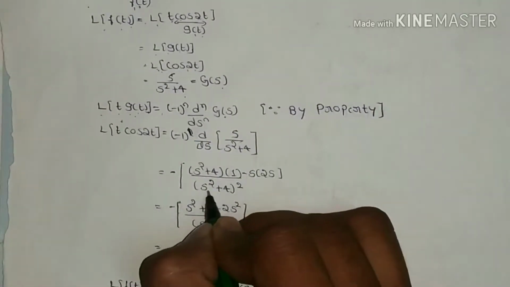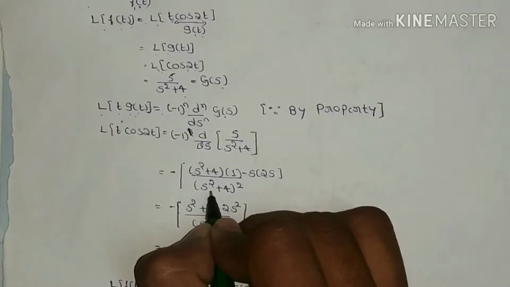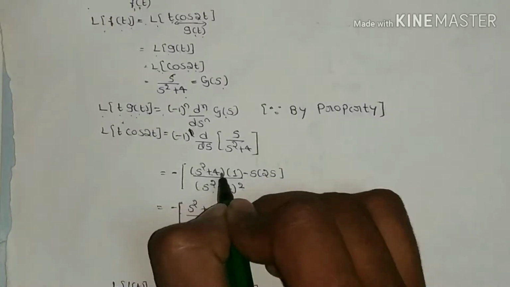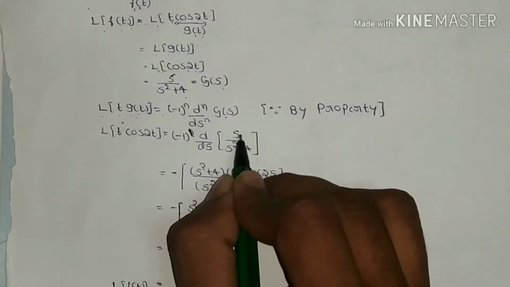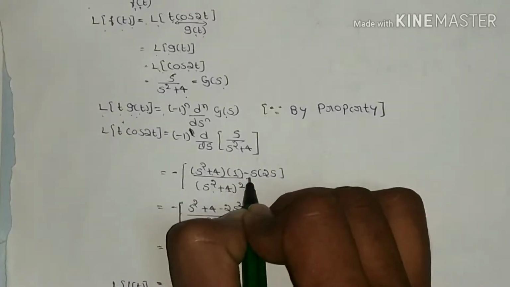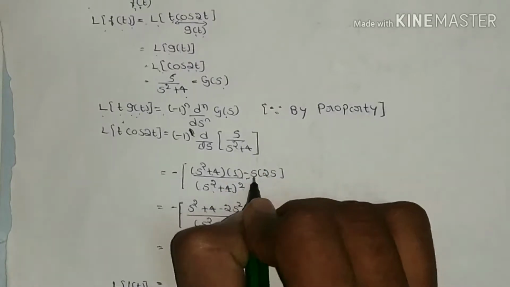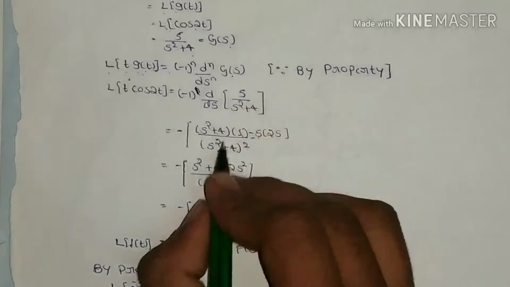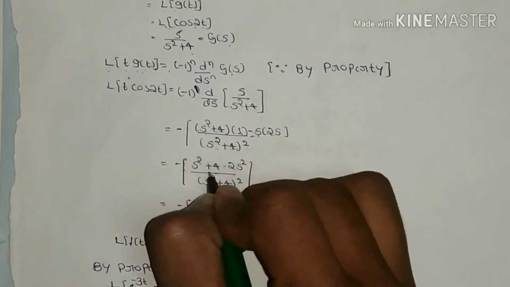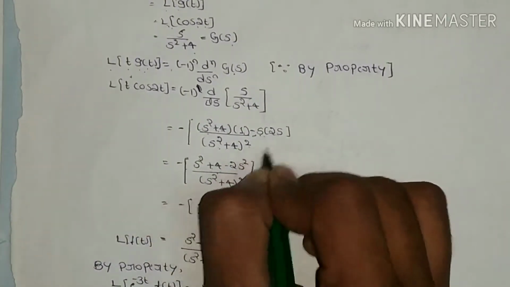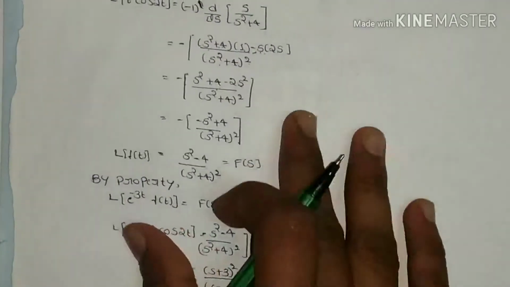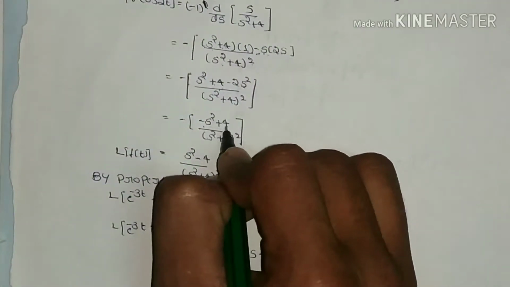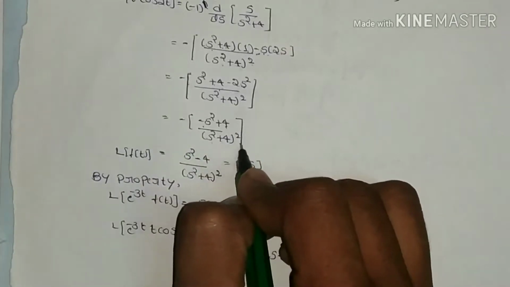The denominator squared, s square plus 4 whole square, in the denominator. In the numerator, denominator as it is times the differentiation of s, which is 1, minus numerator as it is times the differentiation of the denominator, that is 2s. By simplifying, we get s square plus 4 minus 2s square, that is minus s square plus 4, over s square plus 4 whole square.